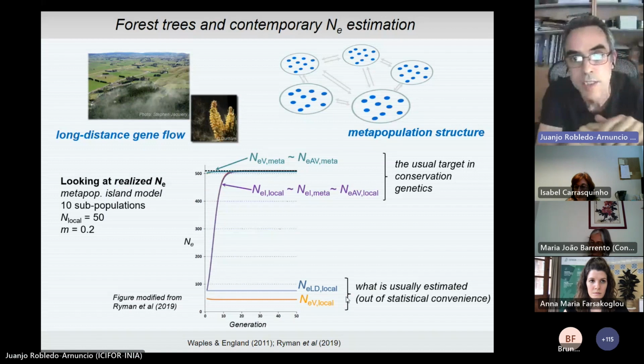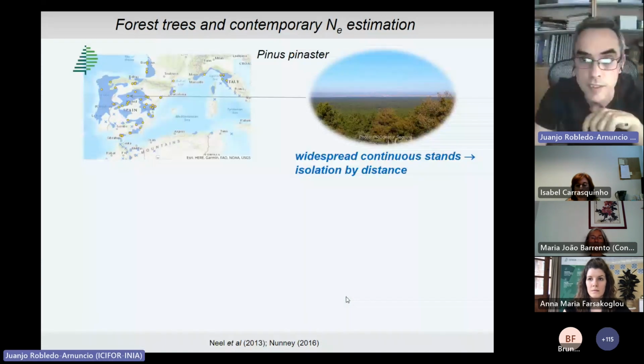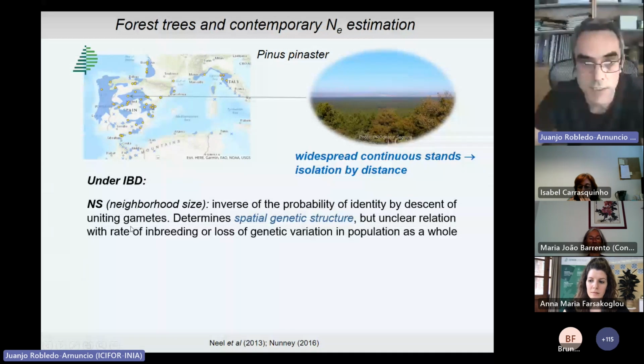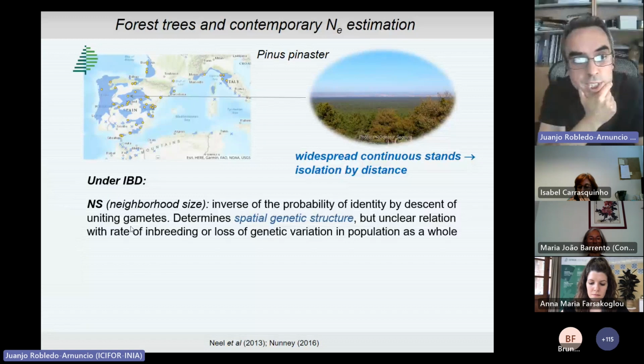Another issue is that trees are usually widespread and establish very continuous stands where there is isolation by distance. And we have known for a long time that in this kind of population we have a different genetic process, which is isolation by distance, and that can be characterized by the neighborhood size, that is the inverse of the probability of identity by descent of two uniting gametes.